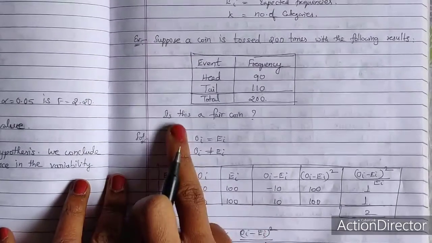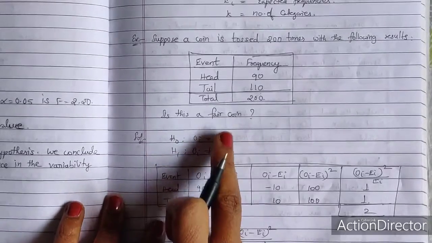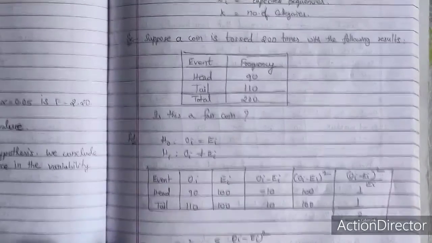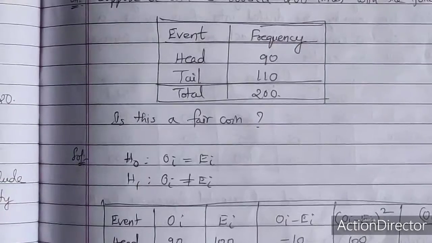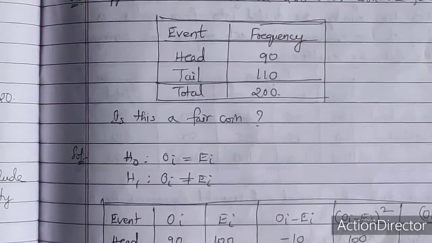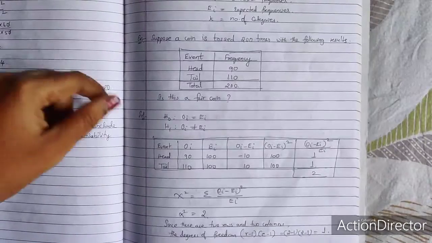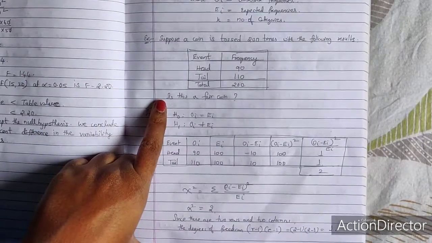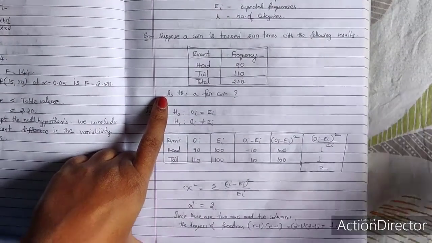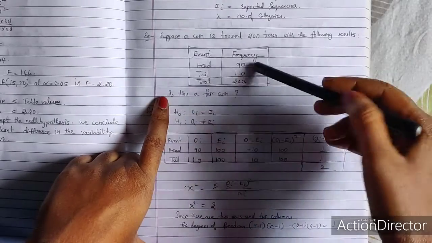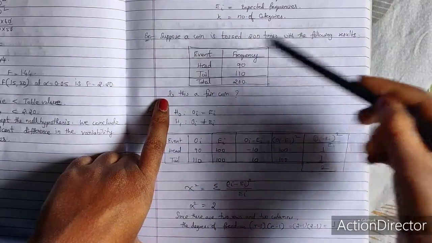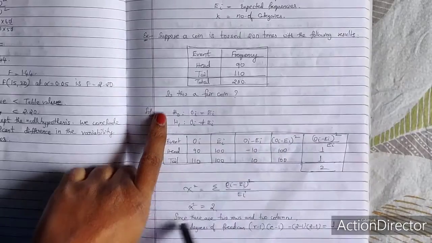We have to test: is this a fair coin? We are not asked to calculate the mean or the standard deviation. We are asked to find out whether this is a fair coin or not. We are given the observed frequencies, and we have to find the expected frequencies.